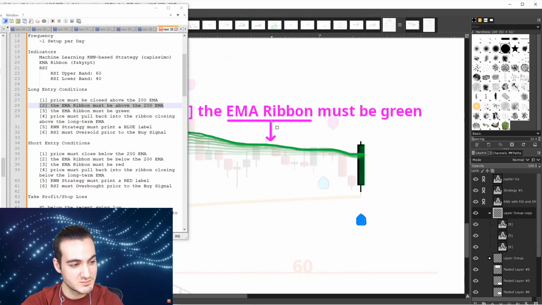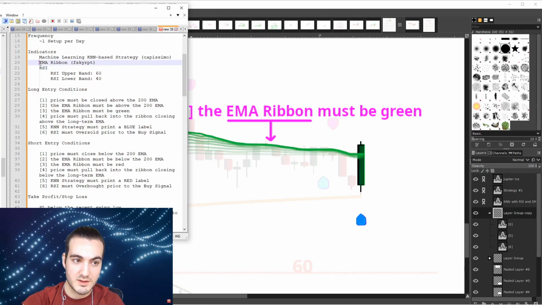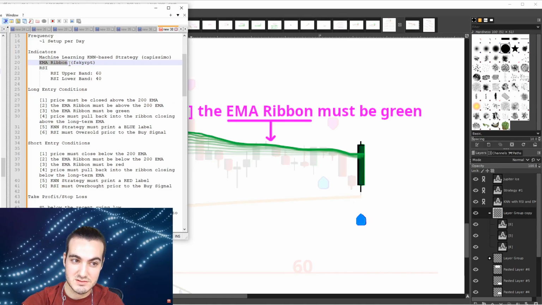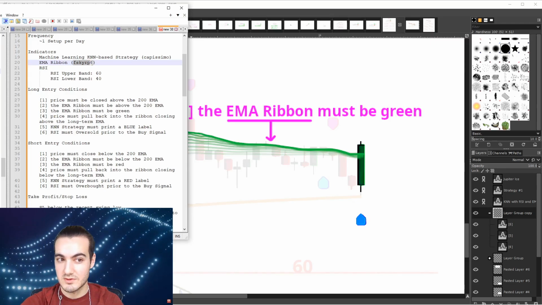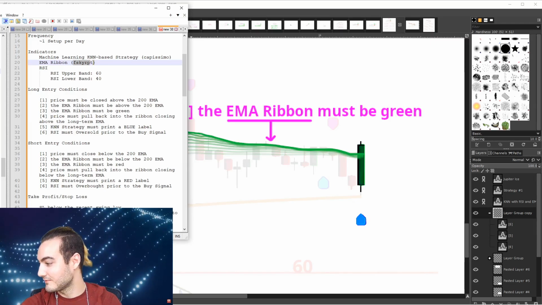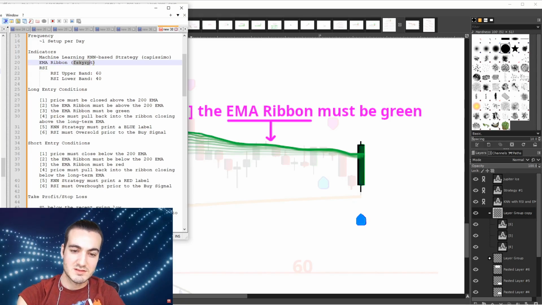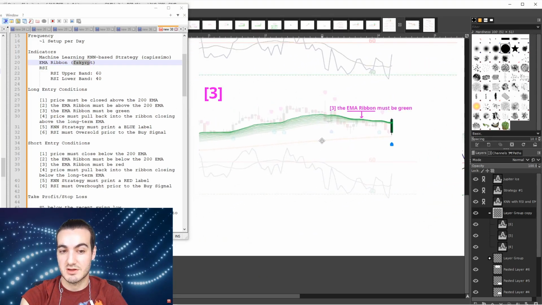Now, this is interesting because since the EMA ribbon that the Trade IQ guy uses is no longer available on TradingView, I don't know if the one that I found by FS Script does that whole color changing thing, or what the criteria for it to change color is.